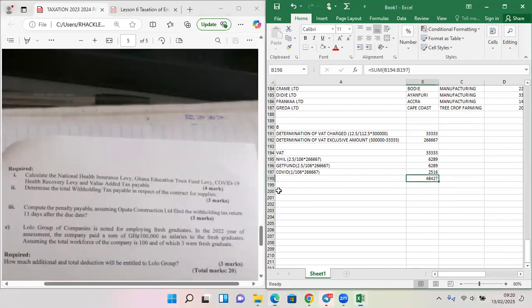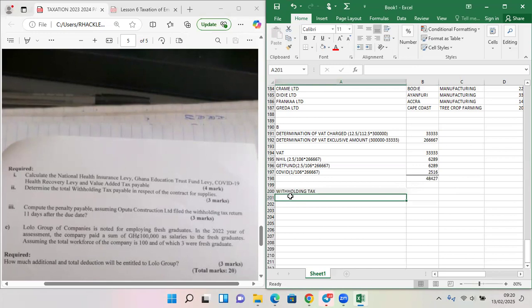Now I said we should determine the withholding tax. Remember, withholding tax is normally calculated after taking the VAT and everything out, right?